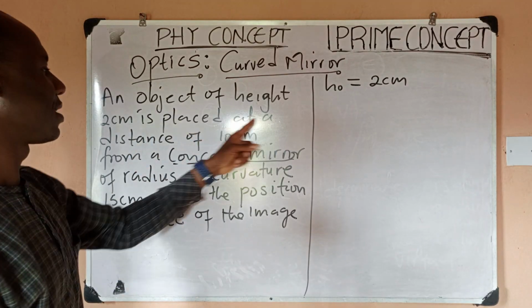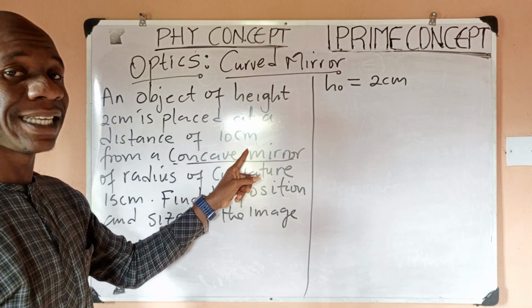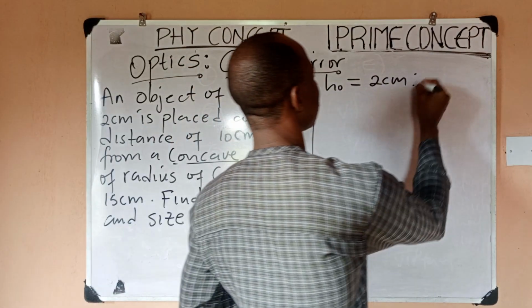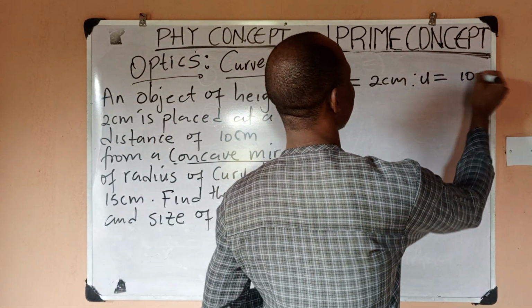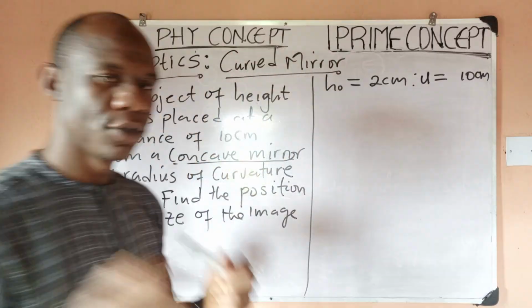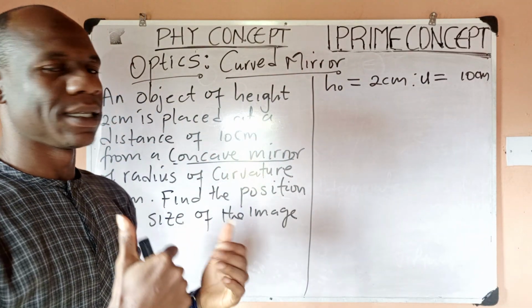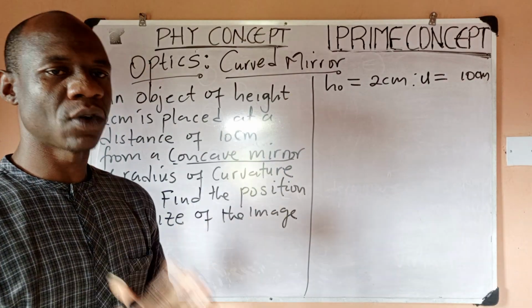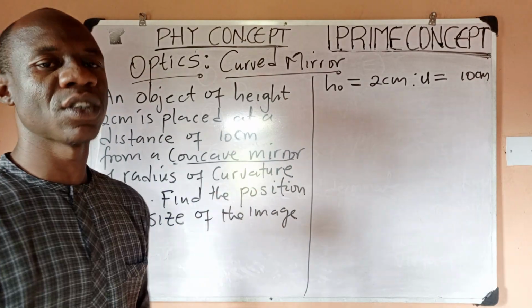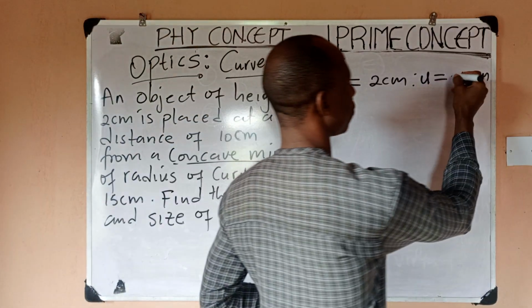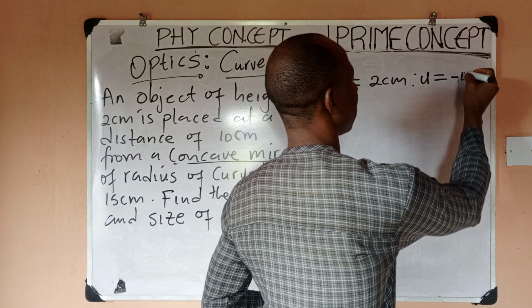The object is placed at a distance of 10 cm from the mirror, so our object distance U is 10 cm. But if you recall from our sign convention, the object distance for our concave and convex mirror is always going to be negative. So we're going to set U to be minus 10.